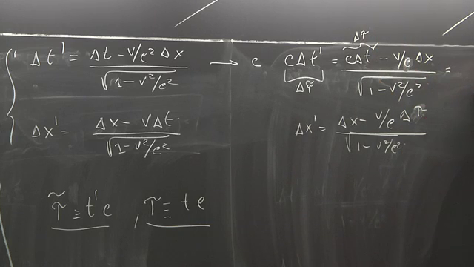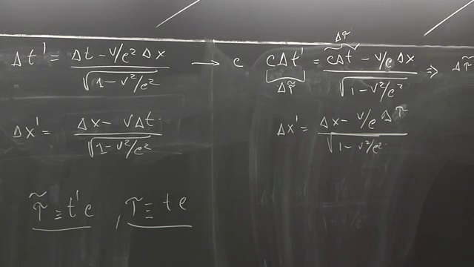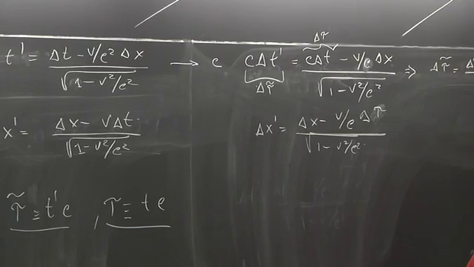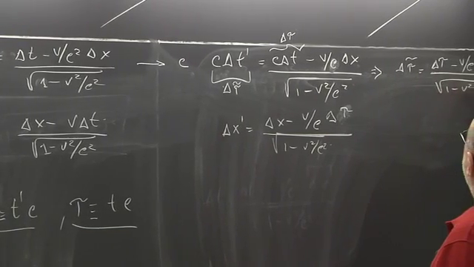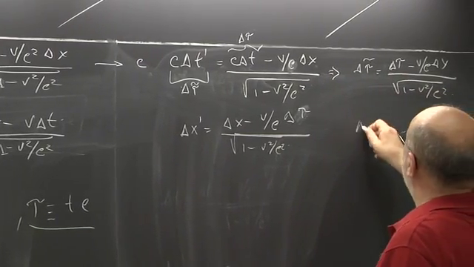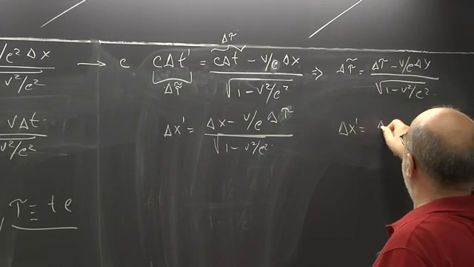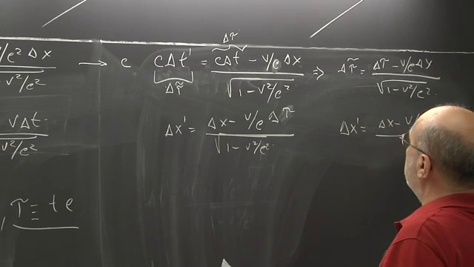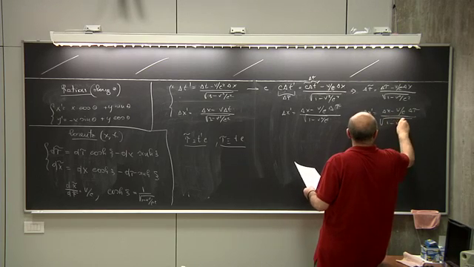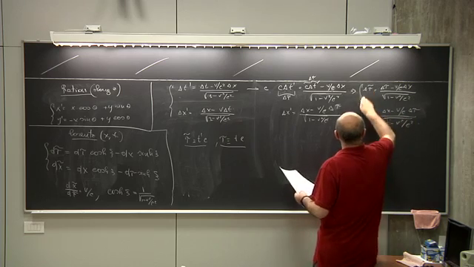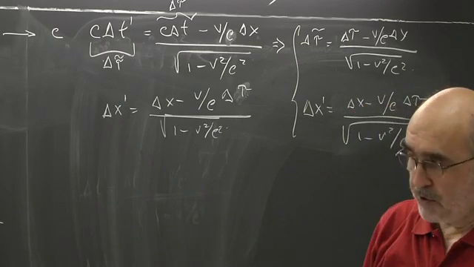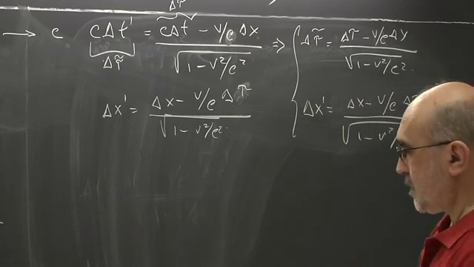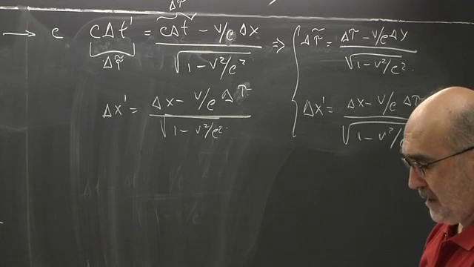So delta tau tilde is equal to (delta tau minus v/c delta x) over the square root of 1 minus v squared over c squared, and delta x prime is equal to (delta x minus v/c delta tau) over the square root of 1 minus v squared over c squared. This is the relation in a form sort of similar to this one.